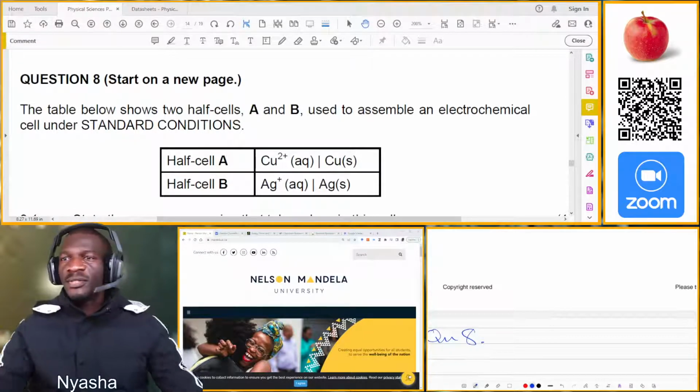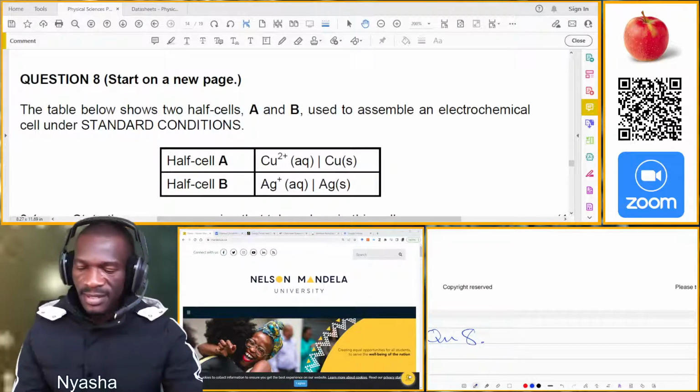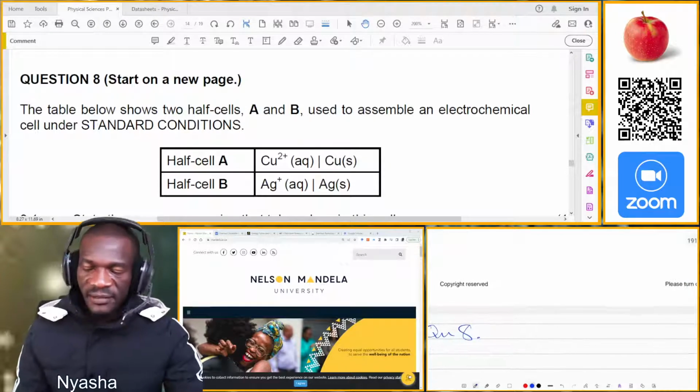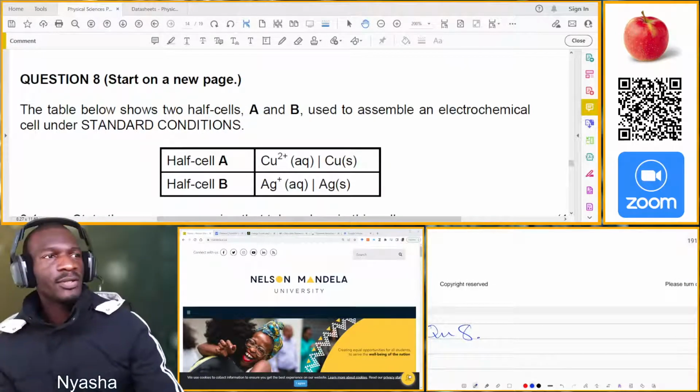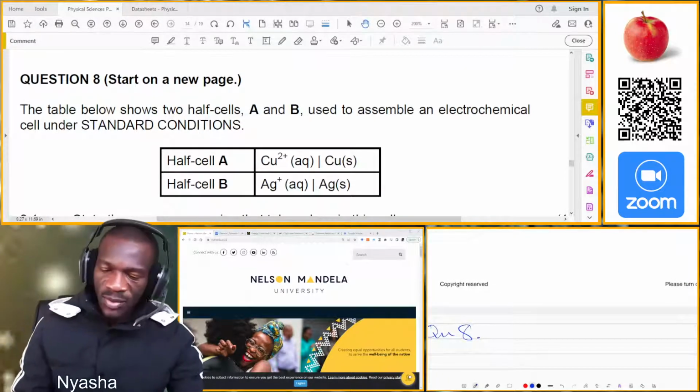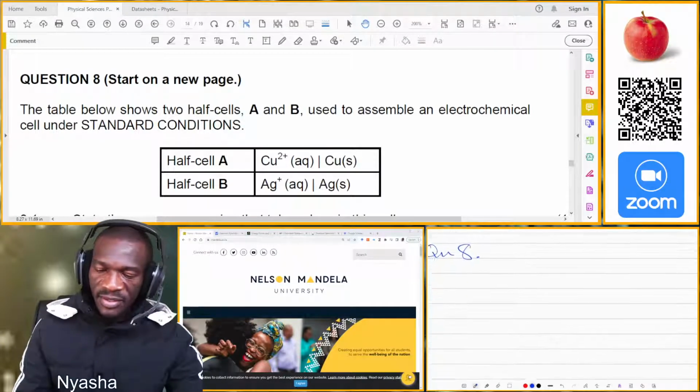There we go. So we've found the second question, free response question on electrochemistry.